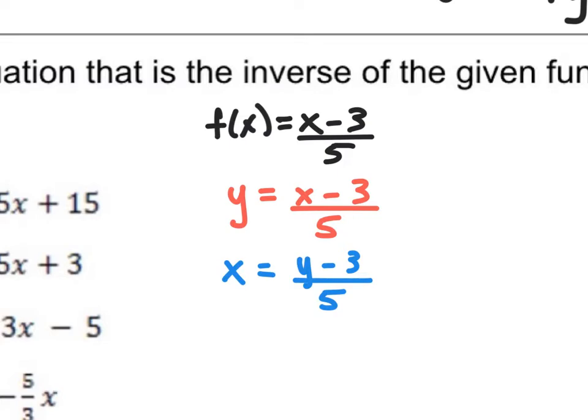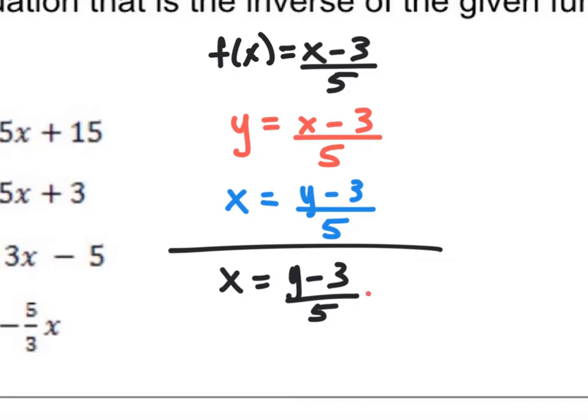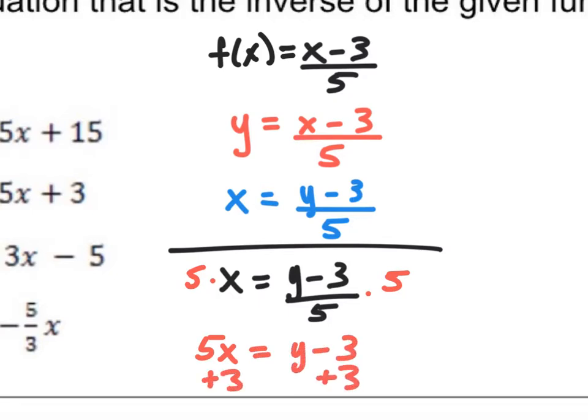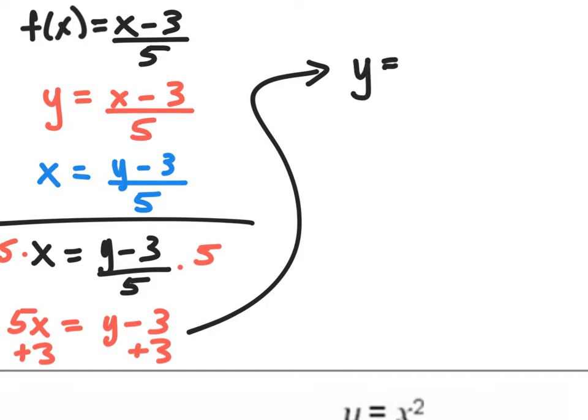Let me rewrite this: x is equal to y minus 3 all over 5. If I multiply both sides by 5, I end up getting 5x is equal to y minus 3. Then I'm going to add 3 to both sides. As a result, y is equal to 5x plus 3.